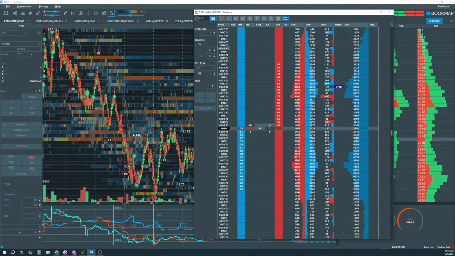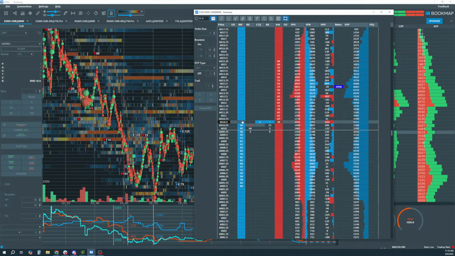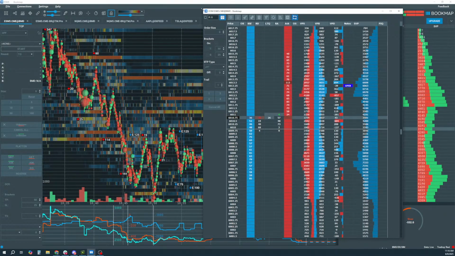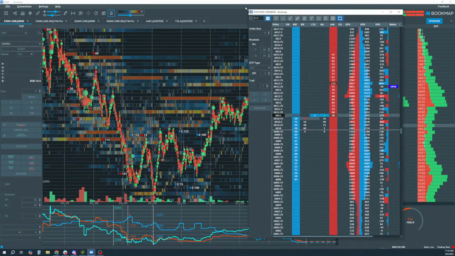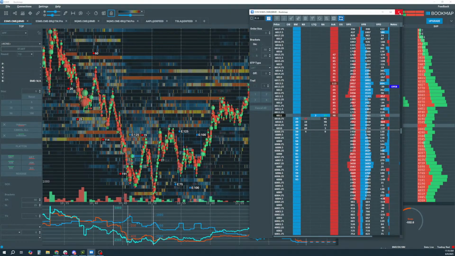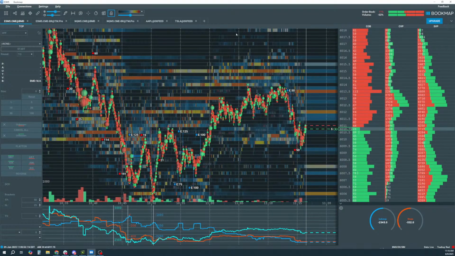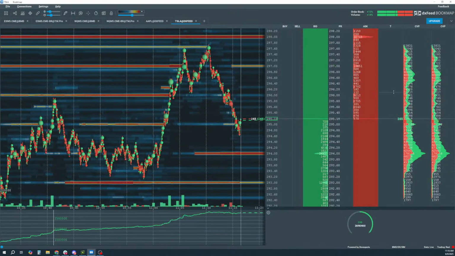There's all sorts of columns, ways of filtering your data, and you can trade from it, move your orders around, etc. off of this DOM here. This is included with Global Plus. It's a great product, and a lot of traders really like it. It's up to you if you want to use the DOM from the Bookmap chart like this, or if you want it from that DOM Pro.